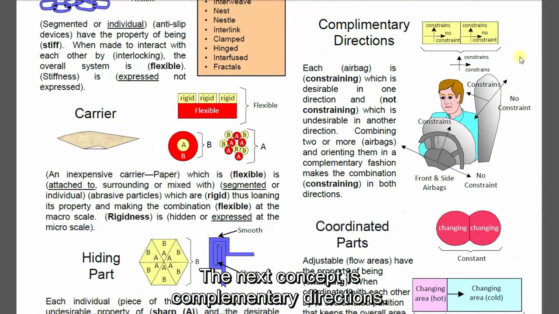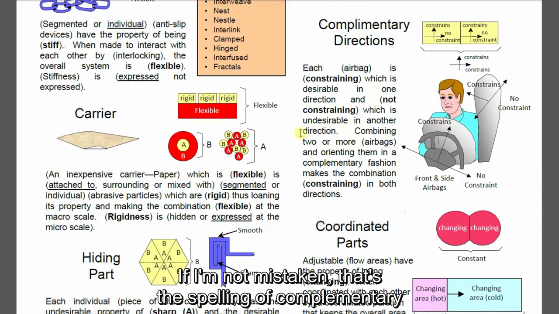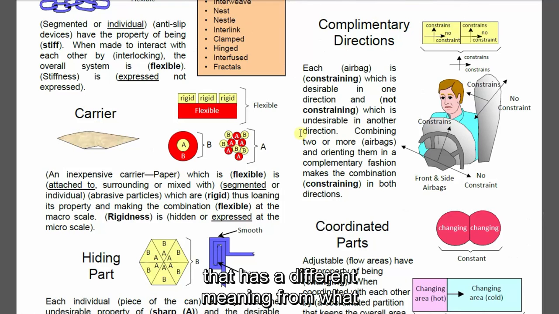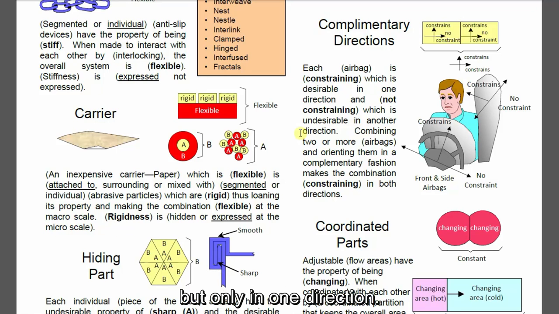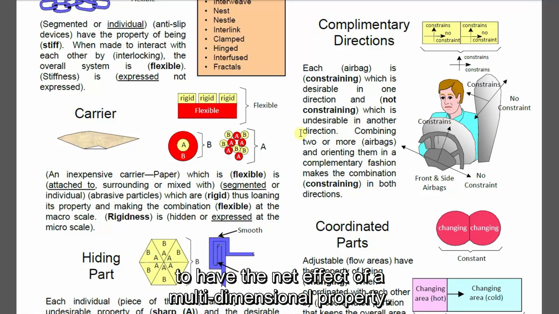The next concept is complementary directions. If I'm not mistaken, that's the spelling of complementary that has a different meaning from what I think they intend here, but that's okay. So with complementary directions, we're dealing with a situation where an object has the desired property, but only in one direction, and therefore they can be combined with similar properties oriented in other directions to have the net effect of a multidimensional property.